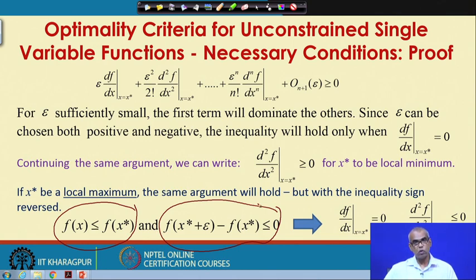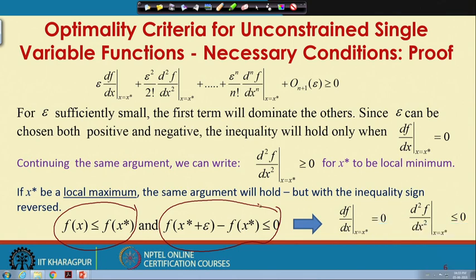So, following the same argument, we will be able to show that df/dx evaluated at x star will be equal to 0 as first order necessary condition, and d square f/dx square must be less or equal to 0 as second order necessary condition.